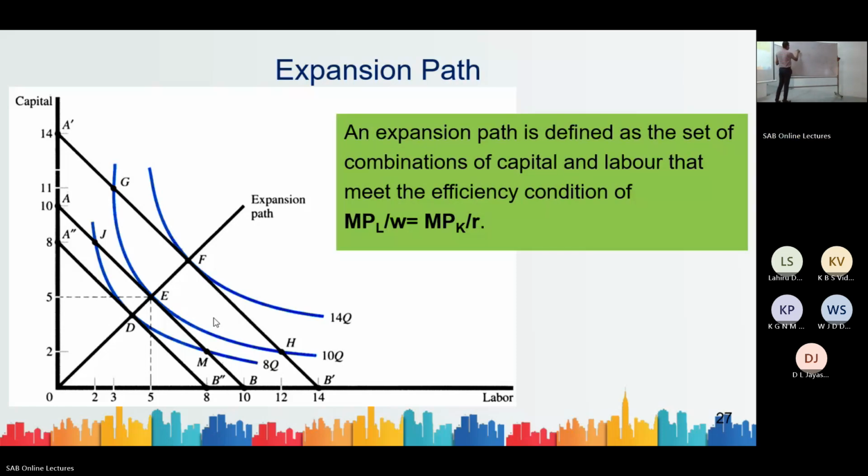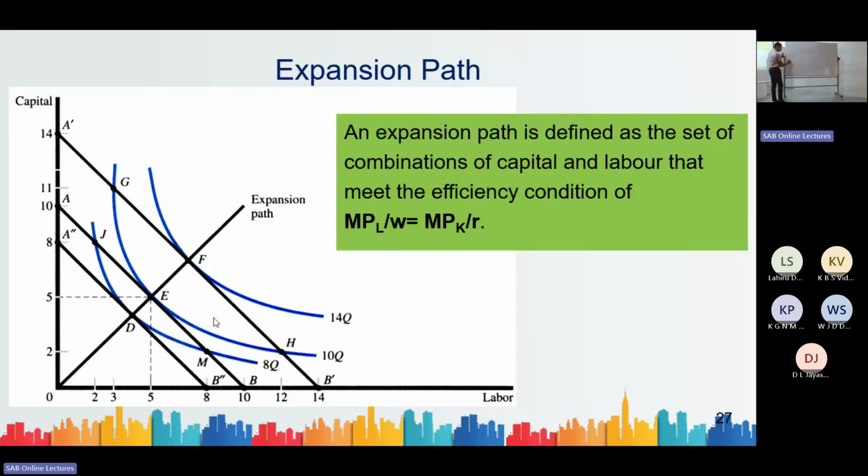An additional rupee on each input generates the same additional output from each input. So that is the condition for long run producer equilibrium.